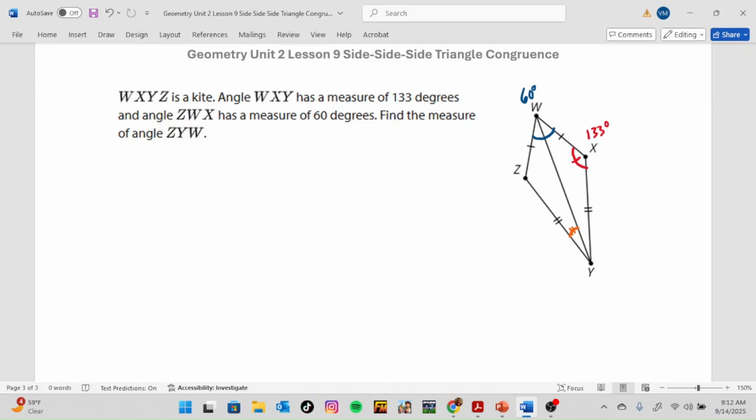So here's what I know. I know that by side, side, side, these two triangles are congruent.